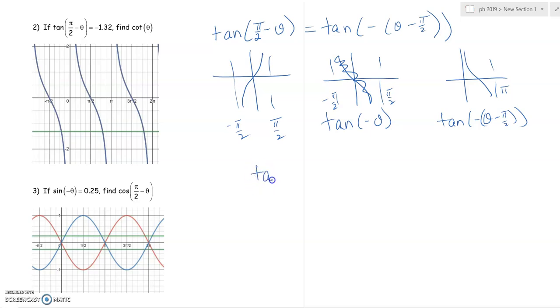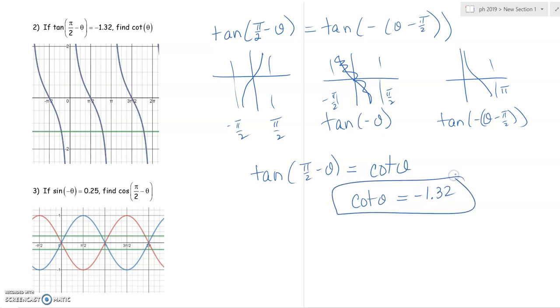So that means that the tangent of pi over 2 minus theta is really just the cotangent of theta. So now if they say find the cotangent of theta, well, the cotangent of theta must also be negative 1.32. And again, looking at the graph there in Desmos, you can see that the tangent of the quantity pi over 2 minus theta is really just the cotangent of theta.